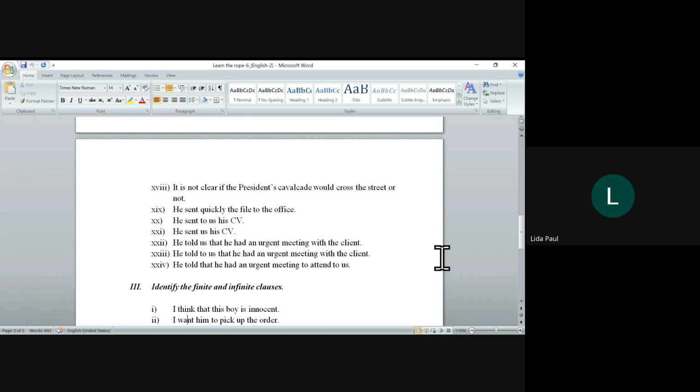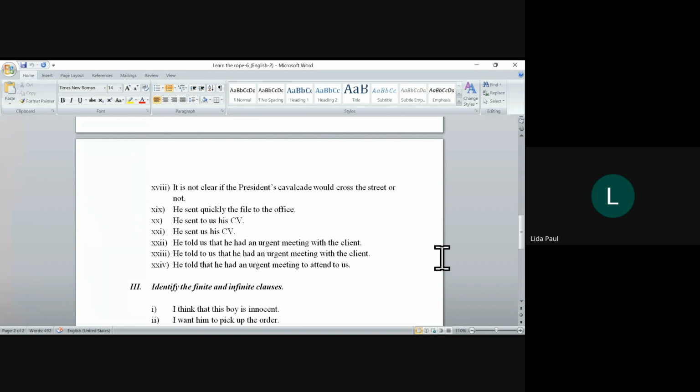You don't say I bought for my friend a book. So just like the adverb, if you're changing the position of the objects in the case you have a direct and an indirect object, the grammar changes, right? Okay.